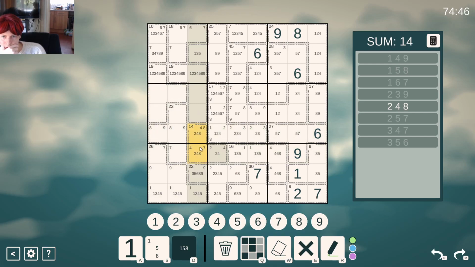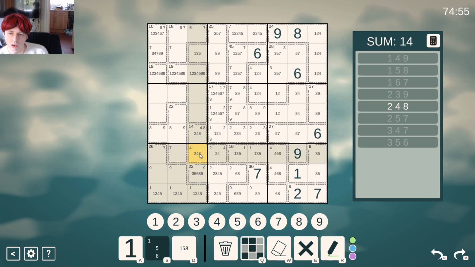We know the 8 is along here. 7 has gone from here as a possibility. So 7's in one of those 2 spaces. One of those is an 8.